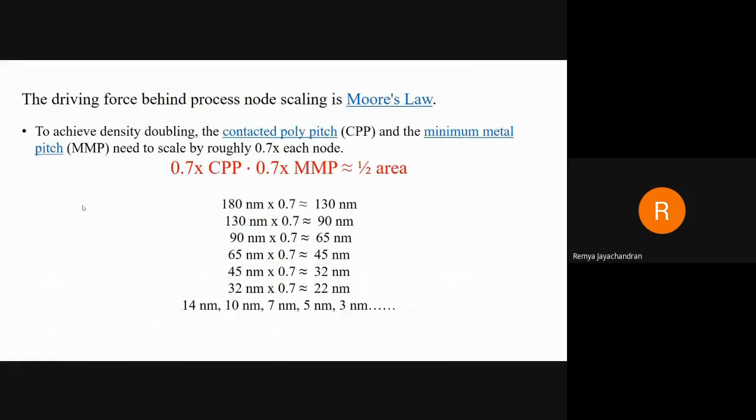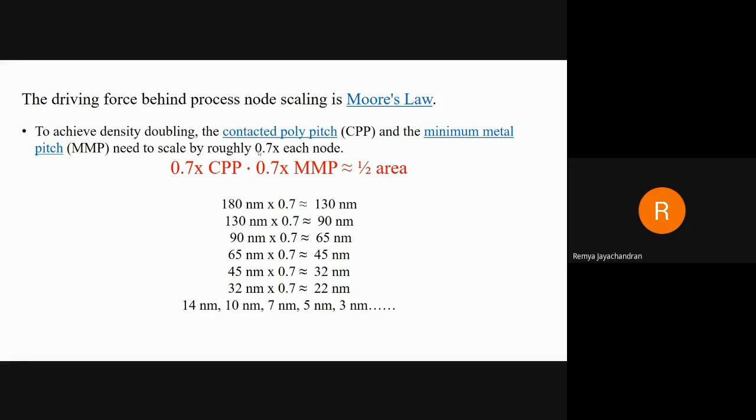The driving force behind the process node scaling is Moore's law. To achieve the doubling of the transistor density, two factors are there: the contacted poly pitch, that is the gate pitch, and the minimum metal pitch.